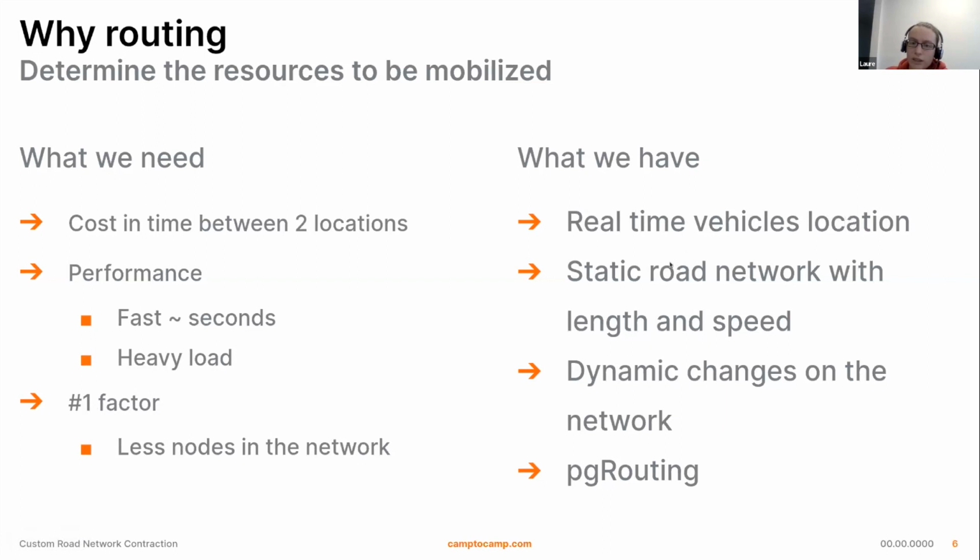We have a static road network with length and speed, but it's dynamically changing based on maintenance operations: some roads can be closed, sometimes the speed limit will change. So this is about the data, and we have one tool we chose to use. There are many tools, but we chose to use pgRouting.